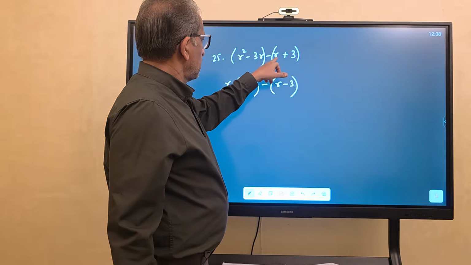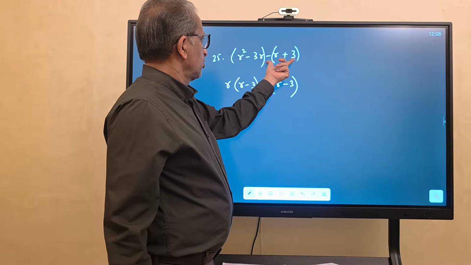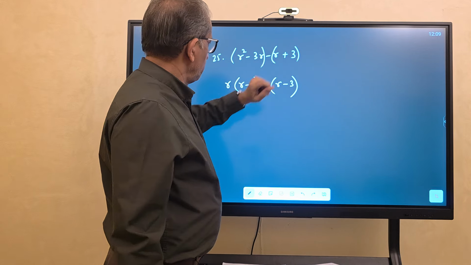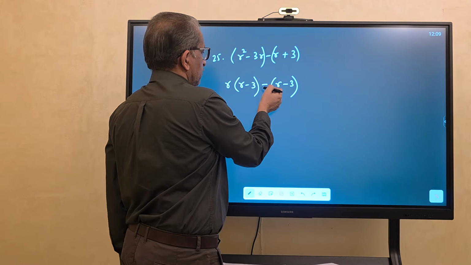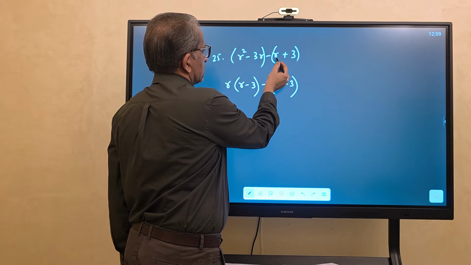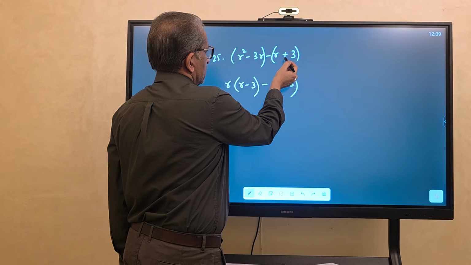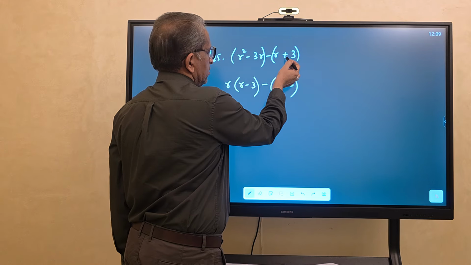Now what is the sign of R? Minus. What is the sign of 3? Plus. So I have made a group of R and 3. When I make the group of R and 3, there is minus outside. The sign of R is minus, therefore it should be plus. The sign of 3 is plus, so minus into plus is minus.